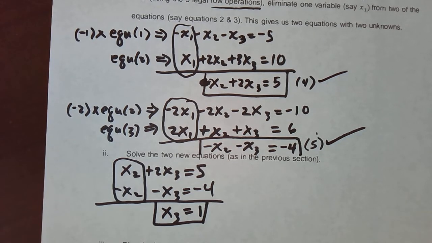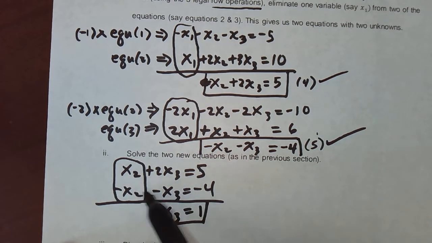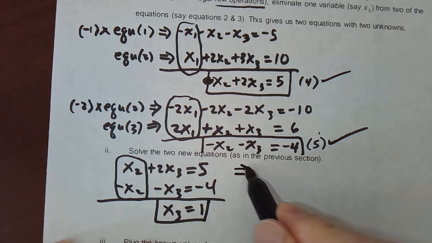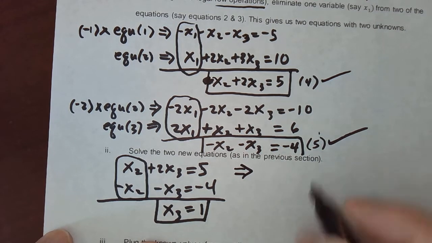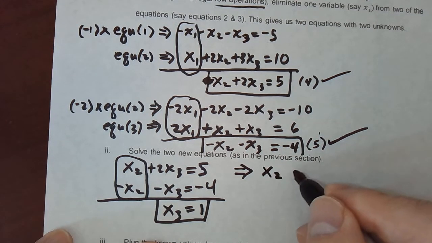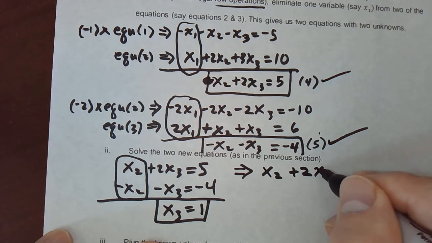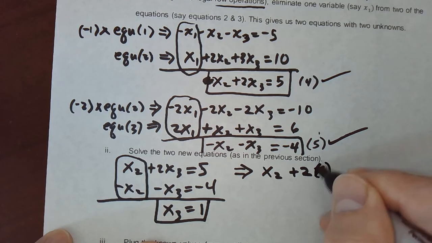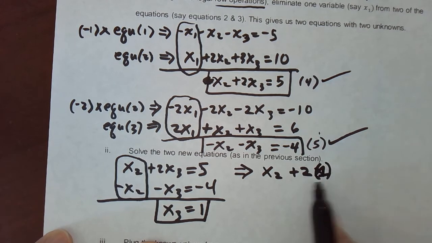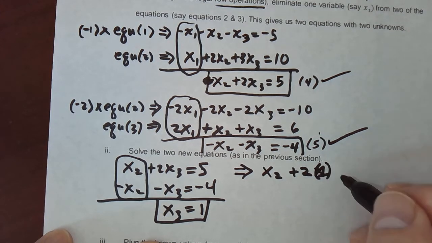x3 is a 1. And we can now take the fact that x3 is a 1 and plug it into either one of these 2 equations to figure out what x2 is. I think it'll be really easy to plug it in right here. Since x3 is a 1, we have x2 plus 2 times 1, because x3 is 1, equals 5.